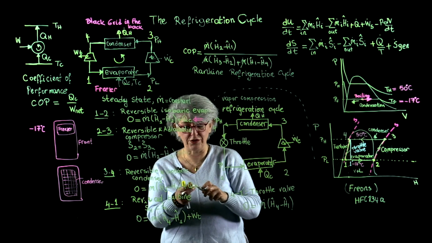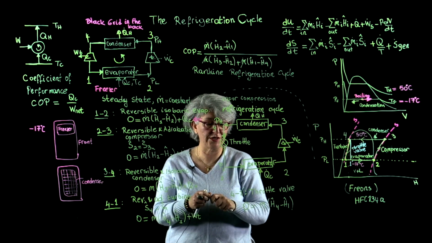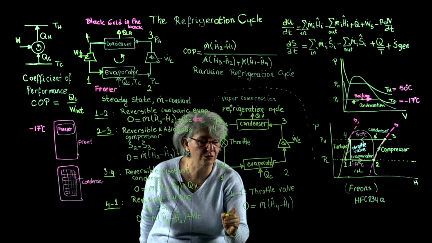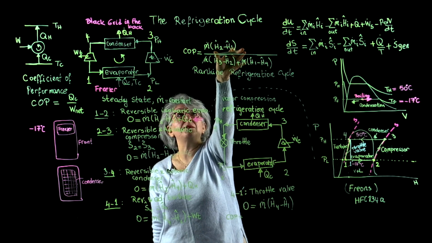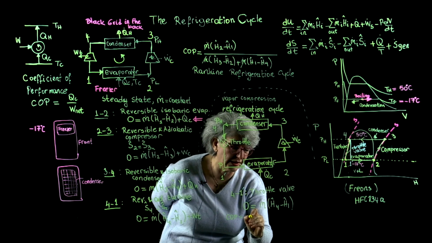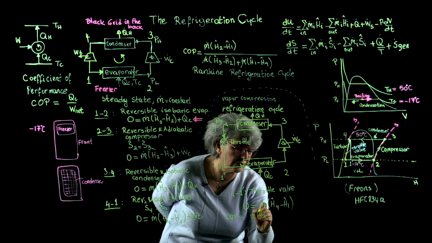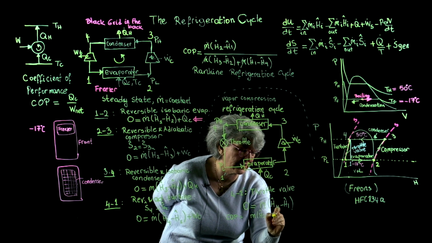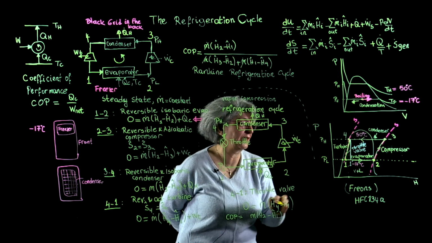So the coefficient of performance of the vapor compression refrigeration cycle is going to be the top, m dot (H2 minus H1 prime), right?